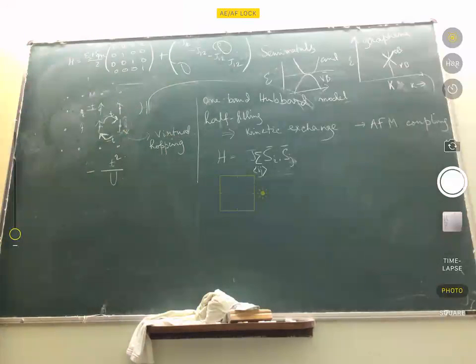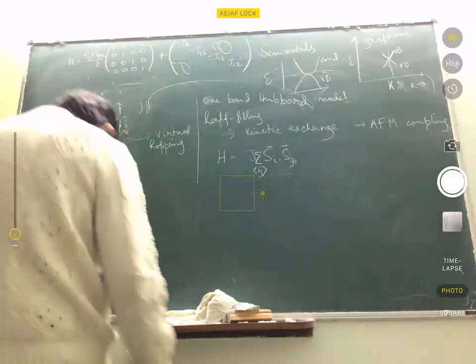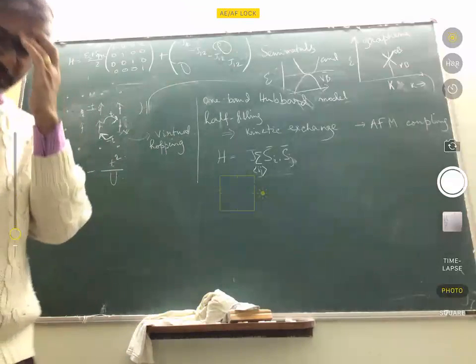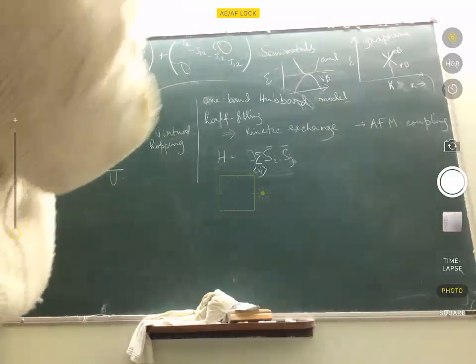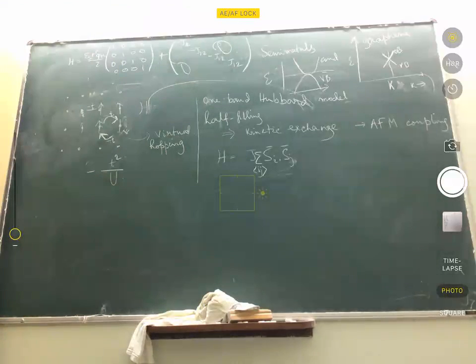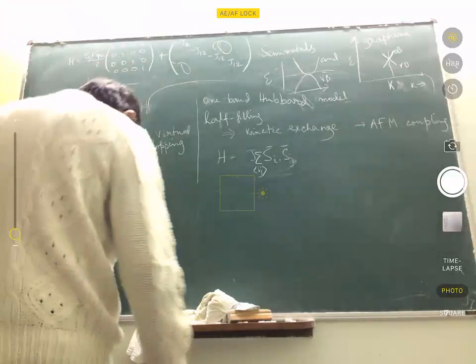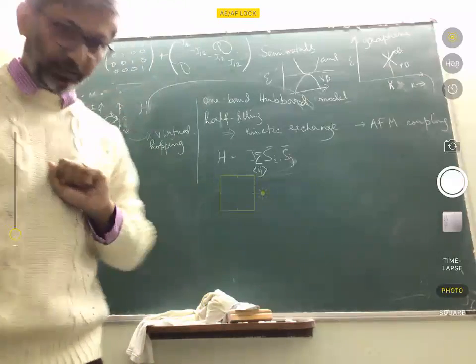Next thing we ask is, but then there are ferromagnets, okay? And we have seen that because of exchange between orthogonal orbitals, one can have ferromagnetic coupling, or non-orthogonal orbitals. Depending on the nature of the overlap and so on, one can have direct coupling, that is direct exchange, that is ferromagnet.